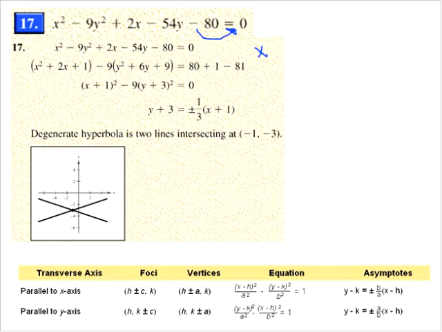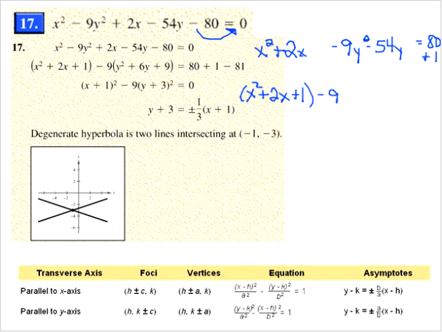So we have x squared plus 2x minus 9y squared minus 54y equals 80. And then you can complete the square. Well, half of 2 is 1, 1 squared is 1, so technically you add 1 to the other side. I do have to factor out a negative 9 before I can complete the square.